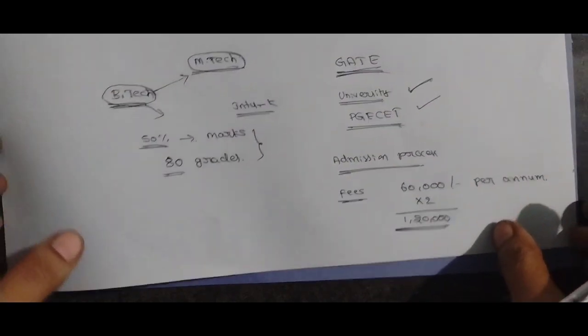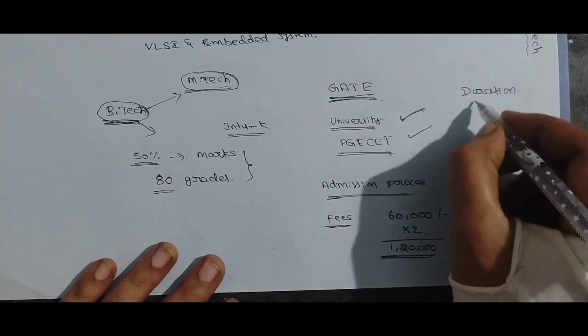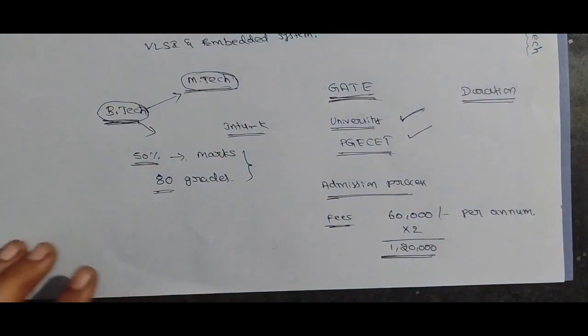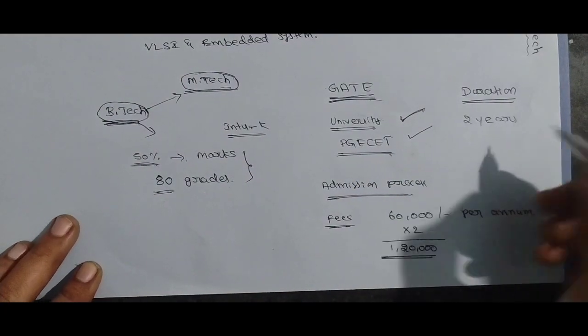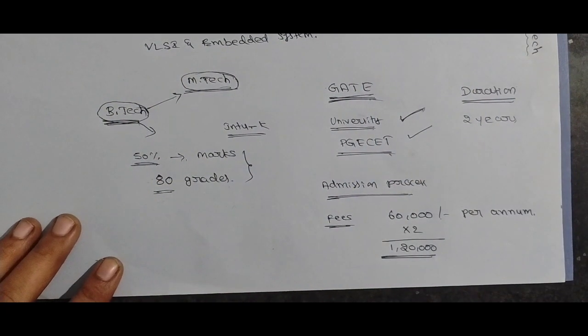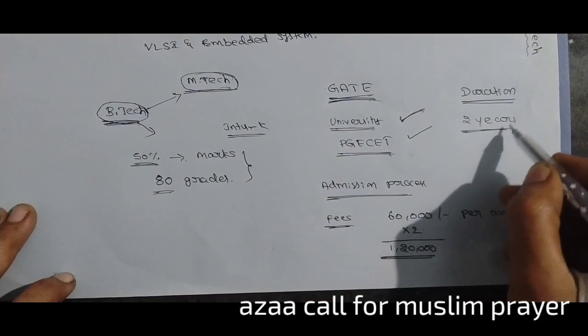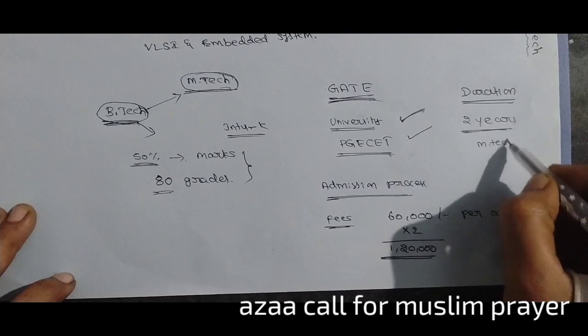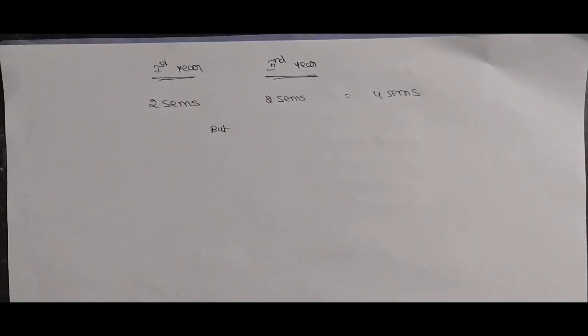And now let us see the duration of the course. We all know that all the PG master degrees have a course duration of 2 years. So M.Tech also has a duration of 2 years, but you can complete this M.Tech course in 4 years. Now coming to the semester system.